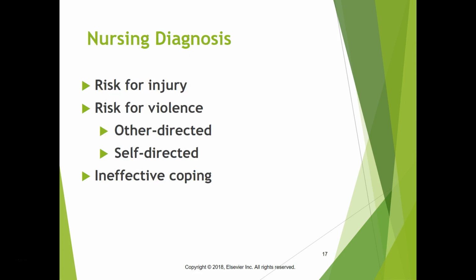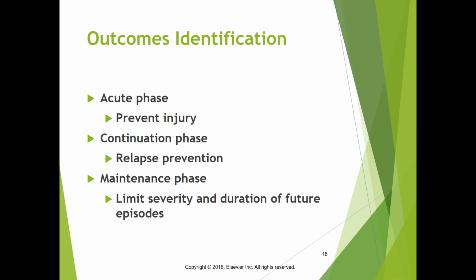So some nursing diagnoses that apply to these patients would be risk for injury, risk for violence, which could be other-directed or self-directed, and certainly ineffective coping. For outcomes, in the acute phase, especially when they're acutely manic, we want to prevent injury. If they were acutely depressed, we certainly want to prevent injury in terms of suicidal or self-harm behavior.